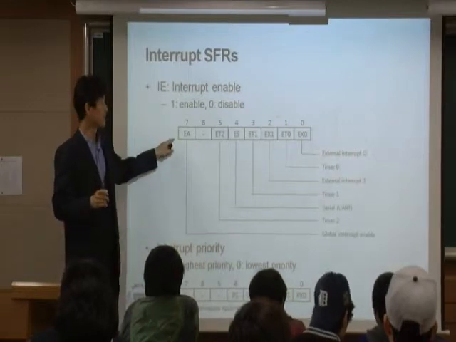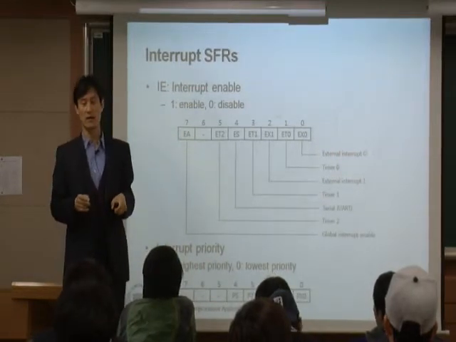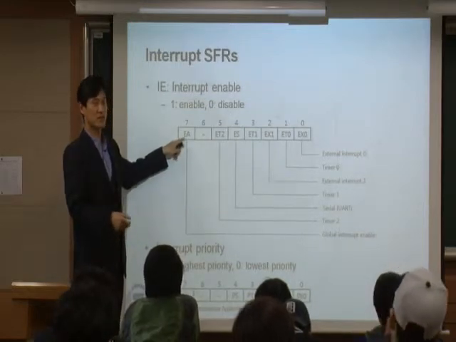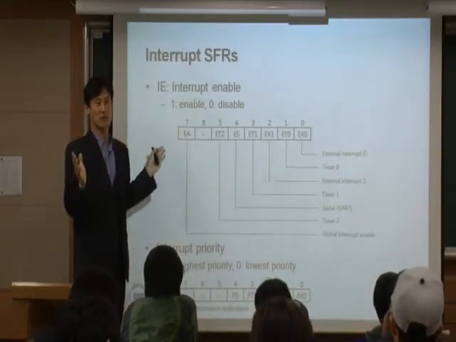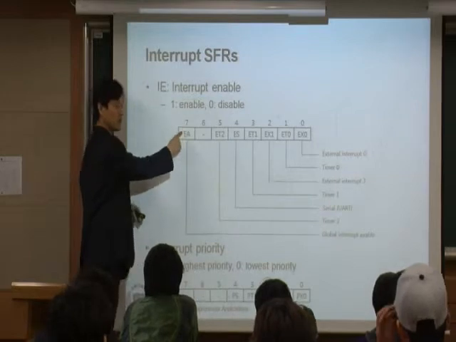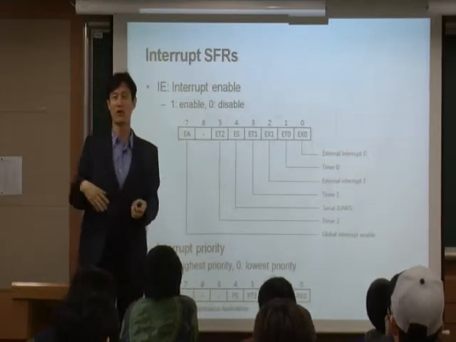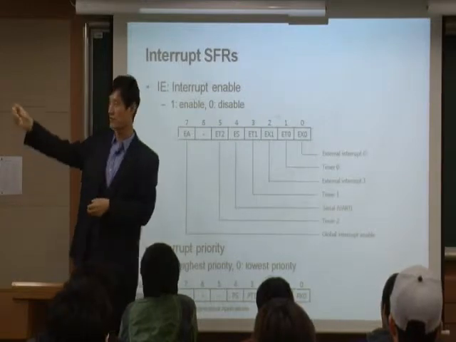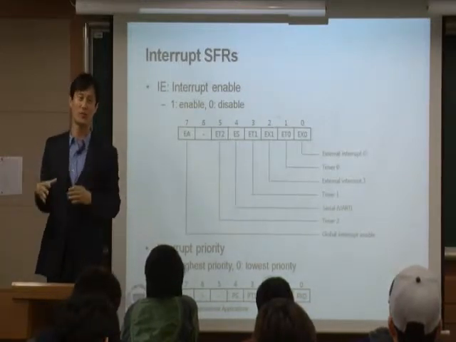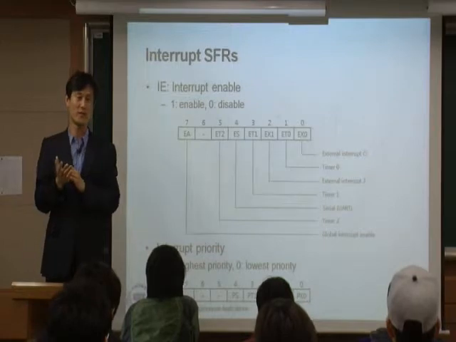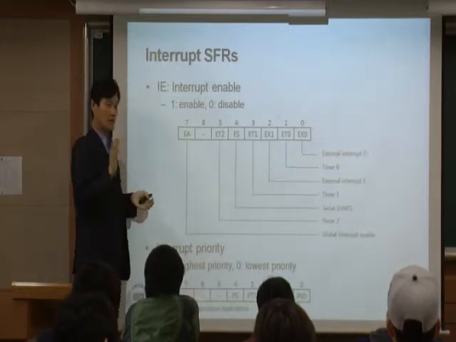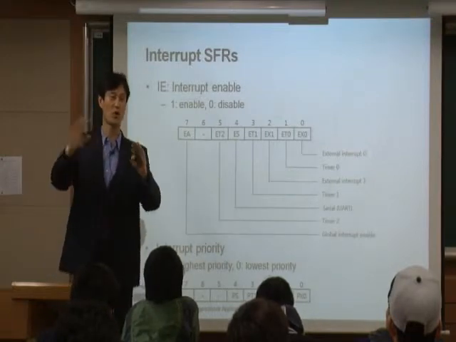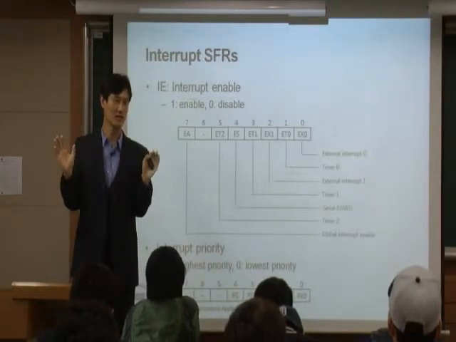What that means is, think about your home. This is something like the electric power switch of your home. If this one is 0, that means your whole electric power in your home is out. Like you turn off the electricity of the entire home. In that case, think about it, nothing works, right?